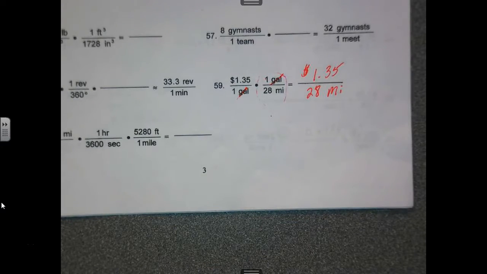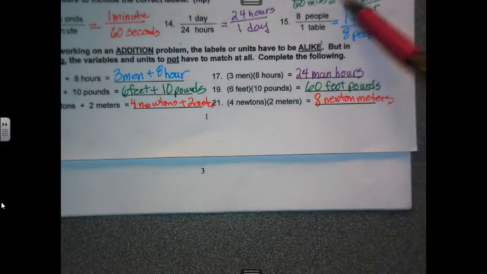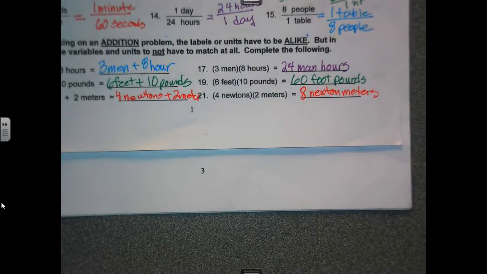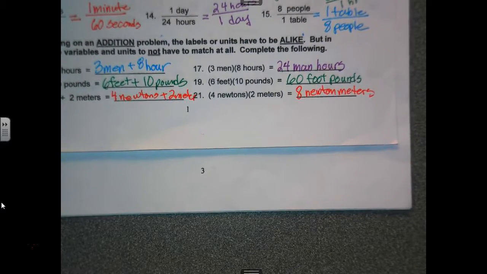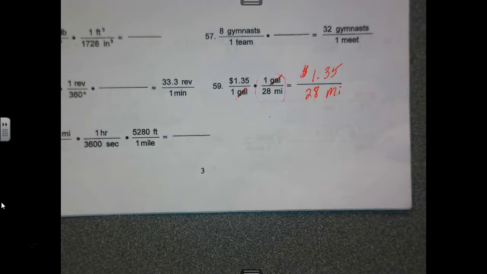And in some of these problems, remember yesterday I told you about those reciprocals? This is where it's going to come into play, where we can flip the fractions and manipulate them the way we want.